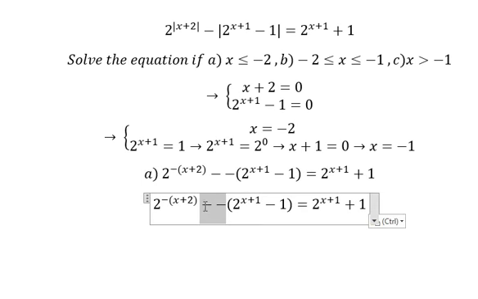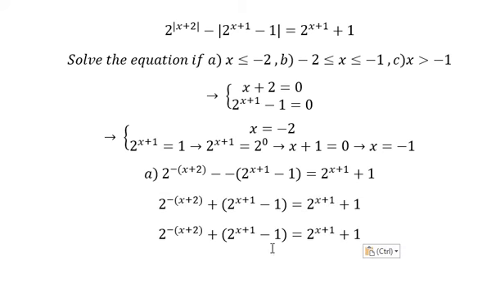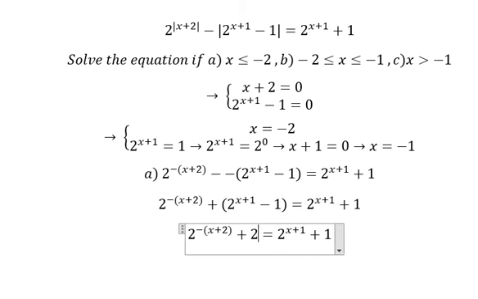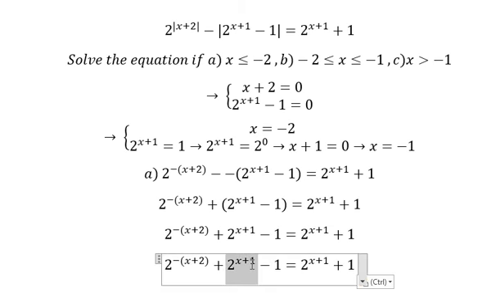Negative with negative, you got about positive. And now we need to open the bracket. Now we simplify this one and this one.